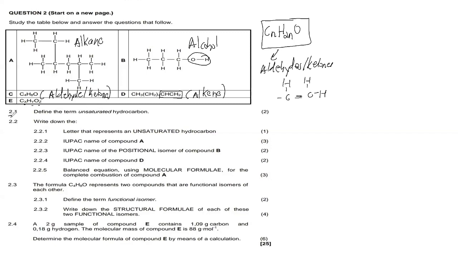Now, let's start with 2.1. It says, define the term unsaturated hydrocarbon. What is that? It simply means that this is a hydrocarbon that has multiple bonds between its carbon atoms.